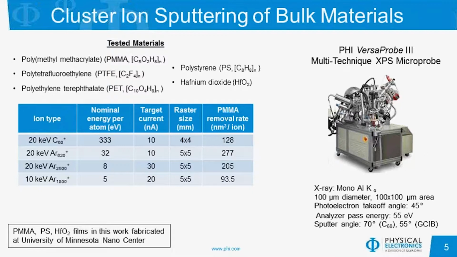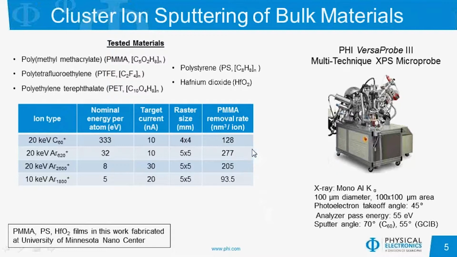And so based on the voltage and cluster size settings that we have chosen, we will have a nominal energy per atom that has been shown to have an effect on both sputter rate and damage within materials. And as you can also see, for the GCIB, for these 3 settings, for PMMA, we see that the setting with the highest nominal energy per atom gives us the best efficiency at removing PMMA compared to settings with lower eV per atom.